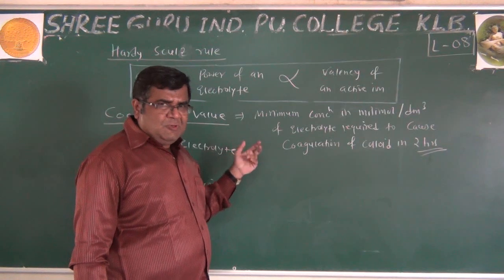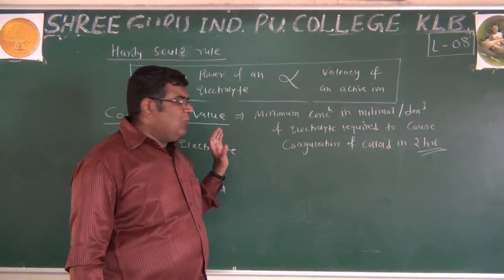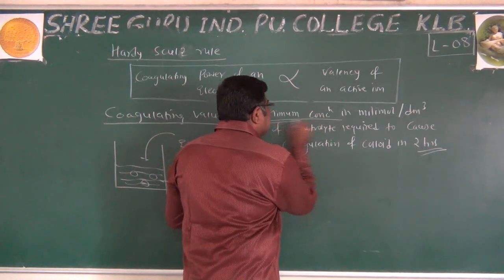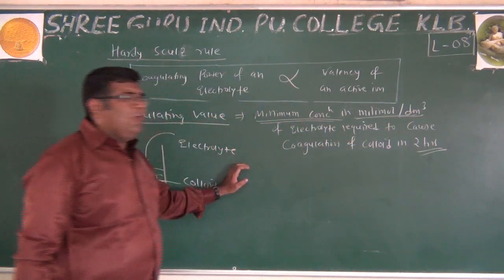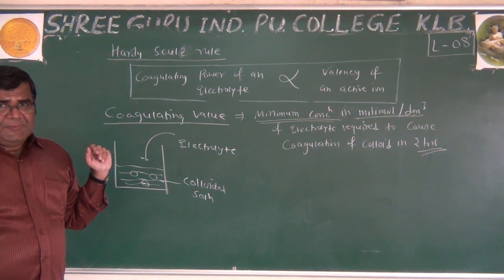Why 2 hours and why not less or more, that part we will not go into detail. But it is the minimum concentration in millimoles per cubic decimeter of an electrolyte required to cause the coagulation of colloid.